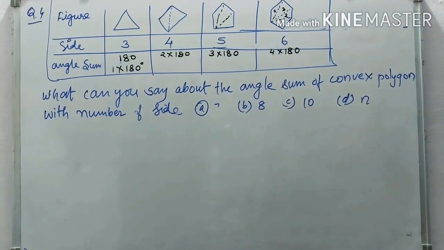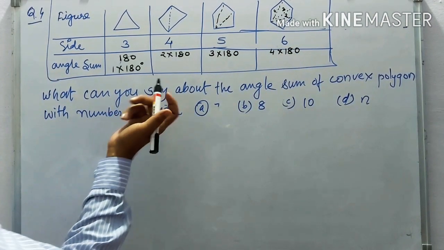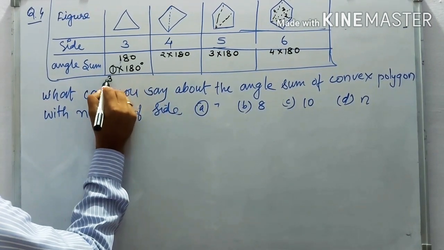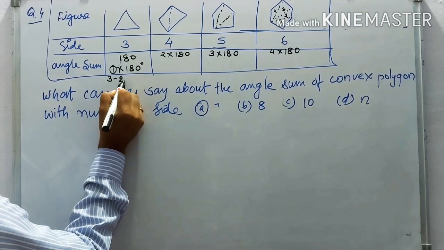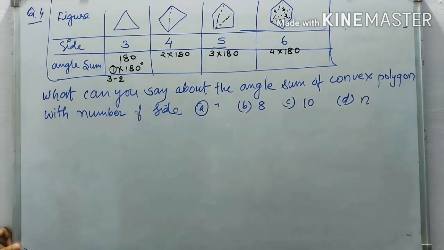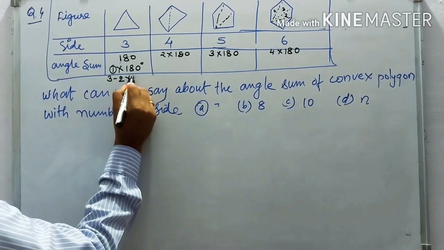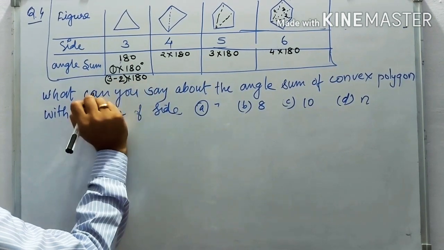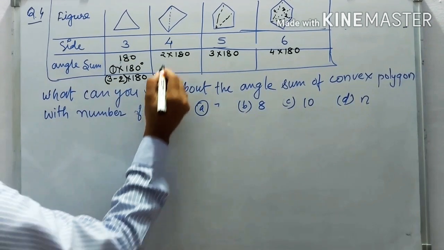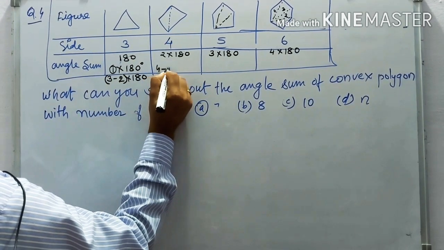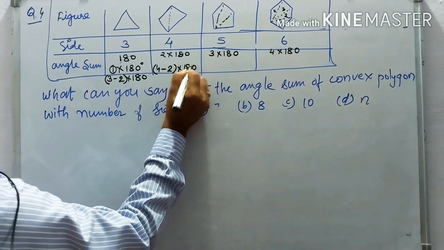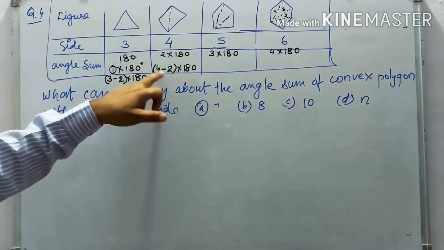Now here you write this: the 1 is 3 minus 2, so 3 minus 2 into 180. 3 minus 2 is equal to 1, and 3 is the number of sides. You write 4 minus 2 into 180. 4 minus 2 is 2.